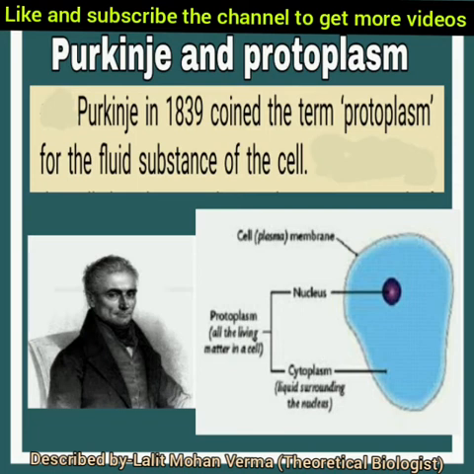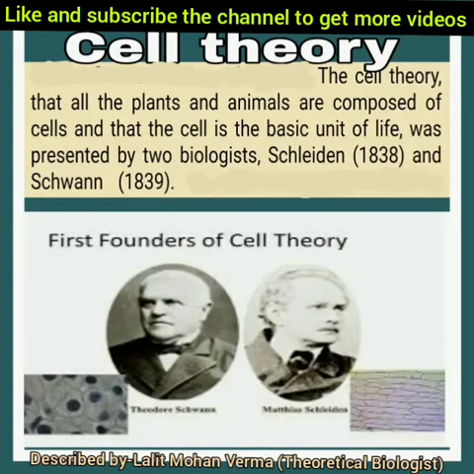Now the next and most important topic, that is cell theory. What is cell theory? The cell theory was formulated by two German biologists, you can see on the screen: M.J. Schleiden in 1838, a botanist, and T. Schwann, a zoologist, in 1839.